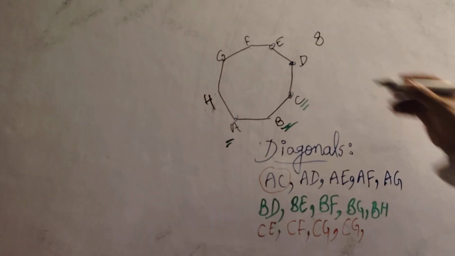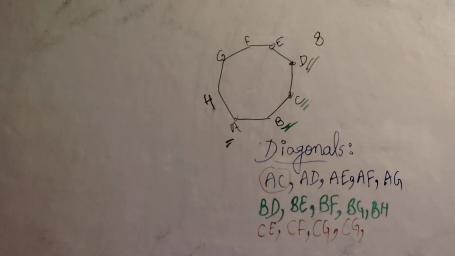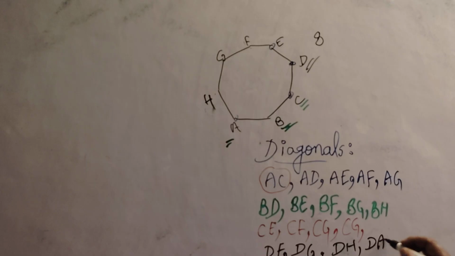Now come to point D. The first one is DF, next DG, DH, then DA and DB.